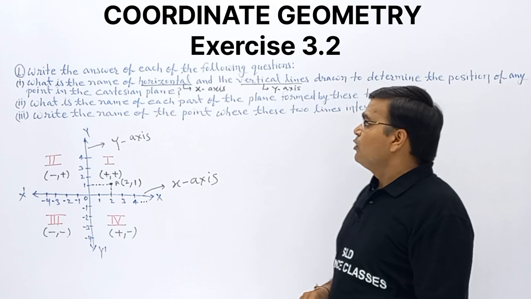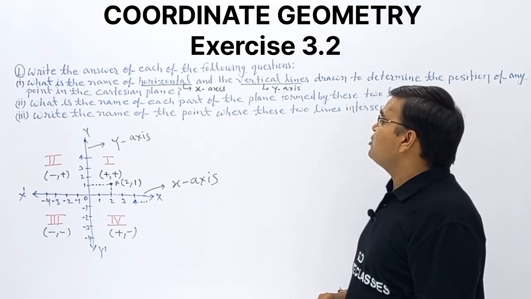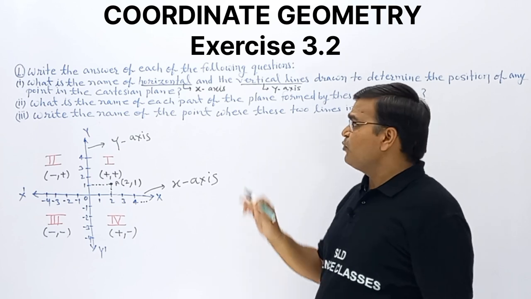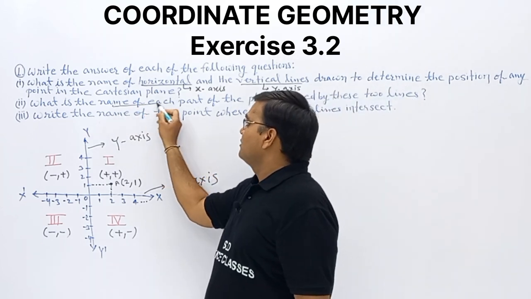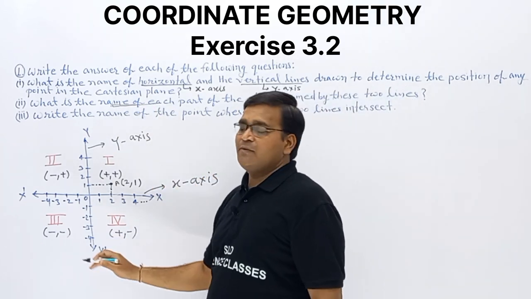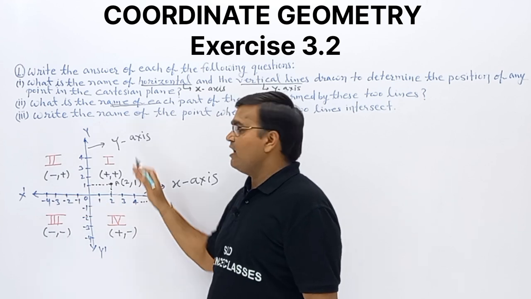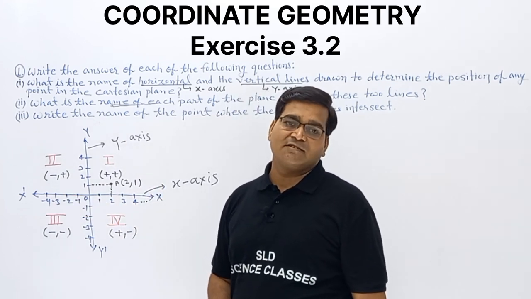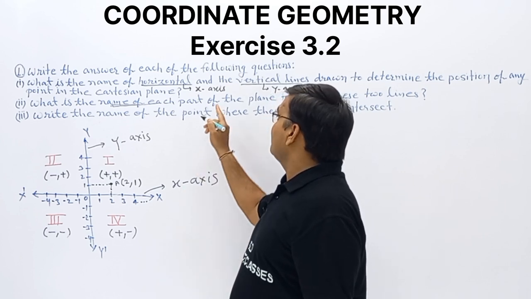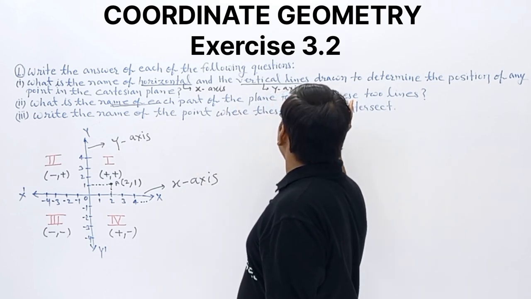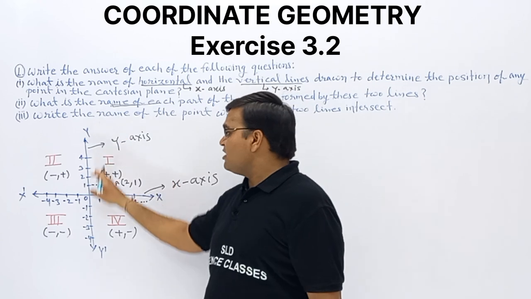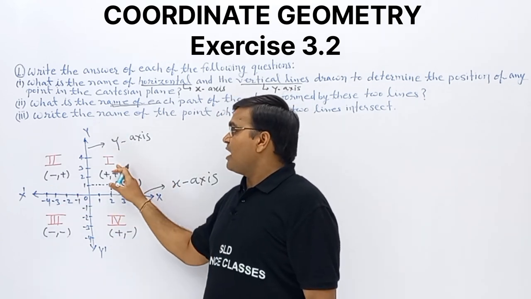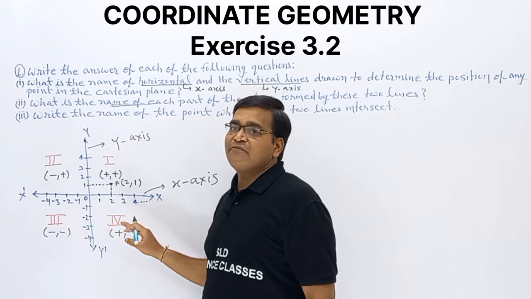Now the next one. What is the name of each part of the plane formed by these two lines? The horizontal line and the vertical number line form 4 parts: the first part, second part, third part and fourth part.